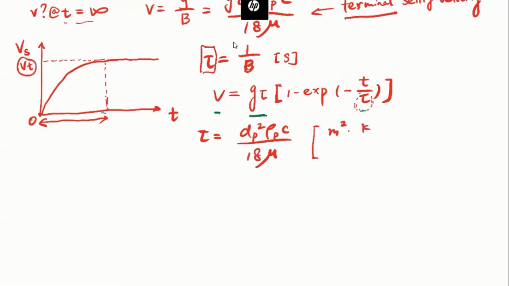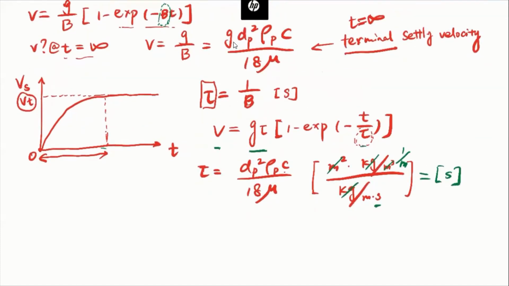Rho p, you have kilogram per meter cubed. And then we know that C, the Cunningham correction factor, is unitless, right? And in the denominator here, that's going to be kilogram per meter per second. Okay, so we can cancel quite a lot of terms here. So kilograms cancel, right? And this is going to give you 1 over meter. But this whole term is going to carry a unit of second, right?